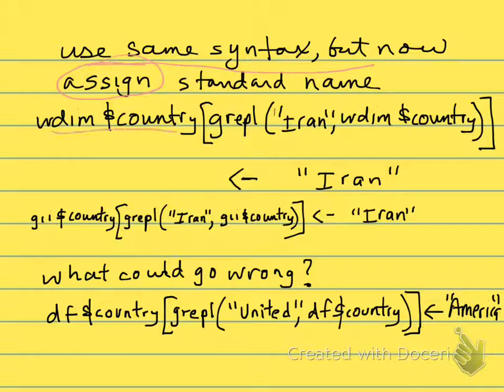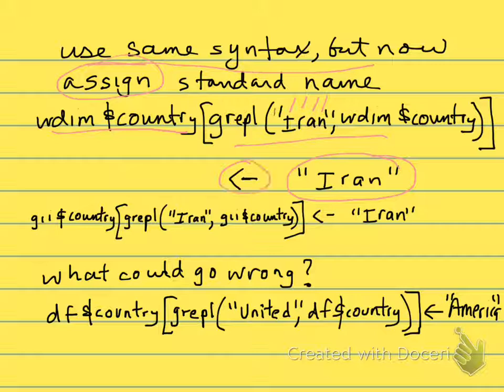So we'll take the variable WDIM country, look for the pattern Iran in WDIM country. So any name of the country that has the pattern IRAN in it, we'll replace it with Iran.